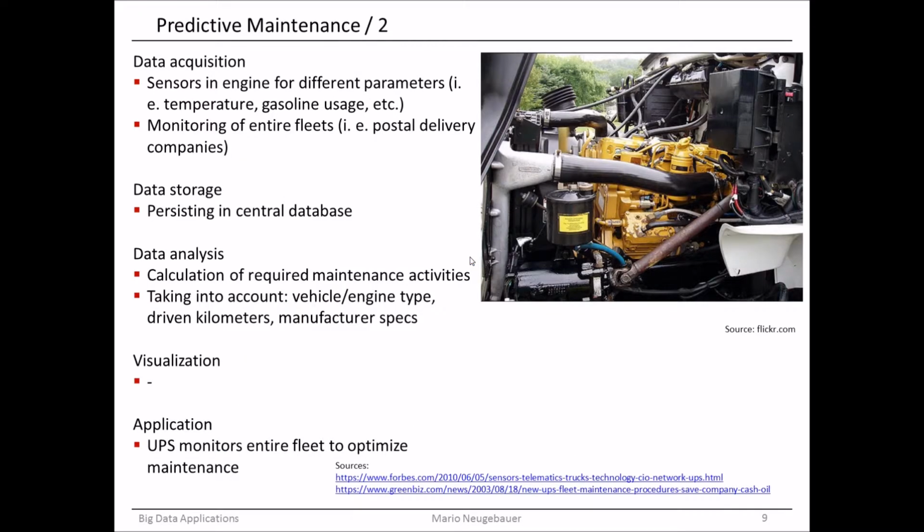And the data analysis should lead to a good value for these maintenance activities. These maintenance activities are not only based on statistics acquired by the sensors, but also on specifications of the machines, which might come from the manufacturer, the driven kilometers, then the statistics, maybe with defects happening in some ranges of kilometers, or some special types of machines, for example.